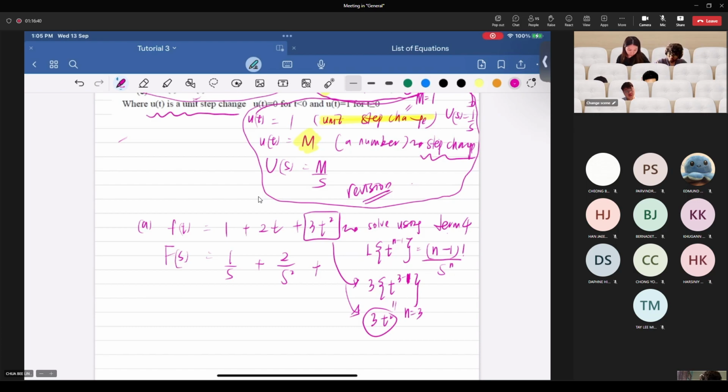Okay, so if I have this, I will be having the answer of 3 originally there, so don't touch. I just get the 3 there. So n equals 3, (3 minus 1)!, and then s cubed. So it's 3 outside, then 2, then s cubed.